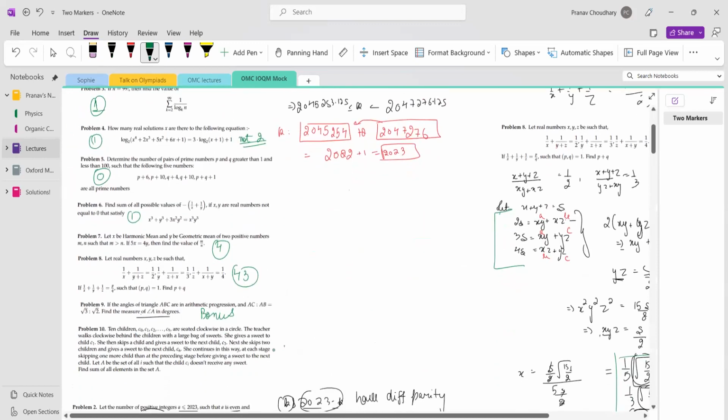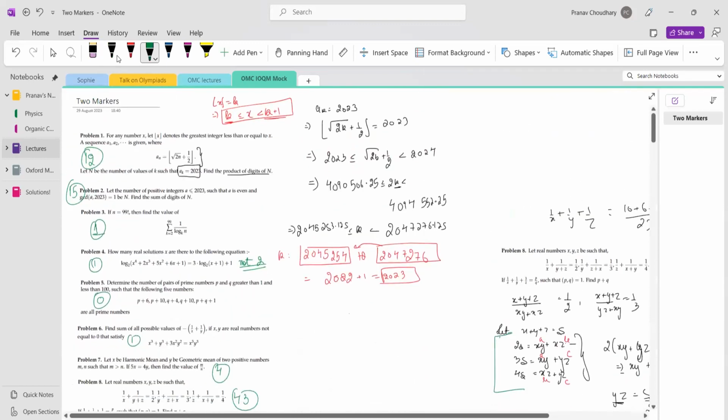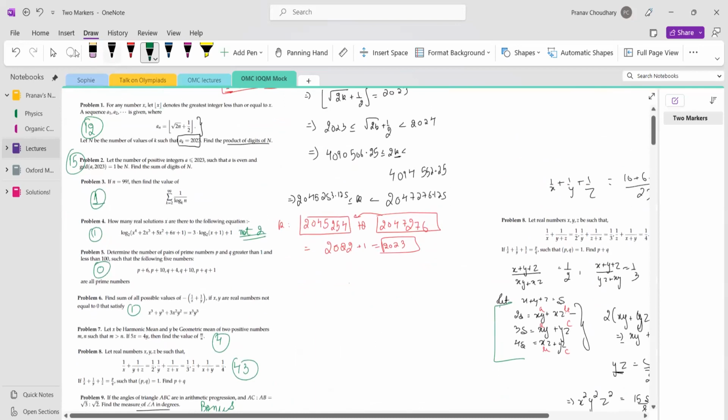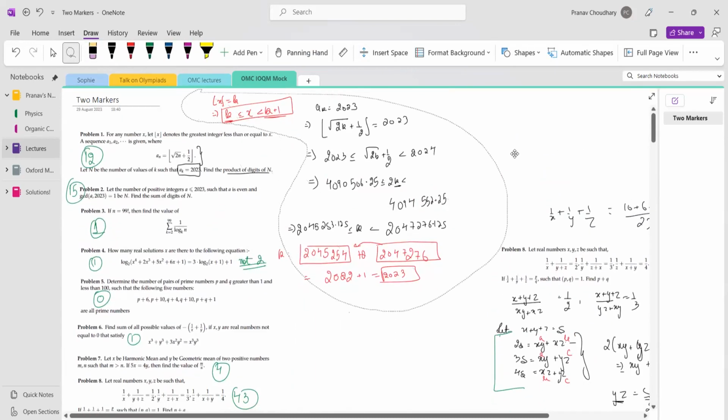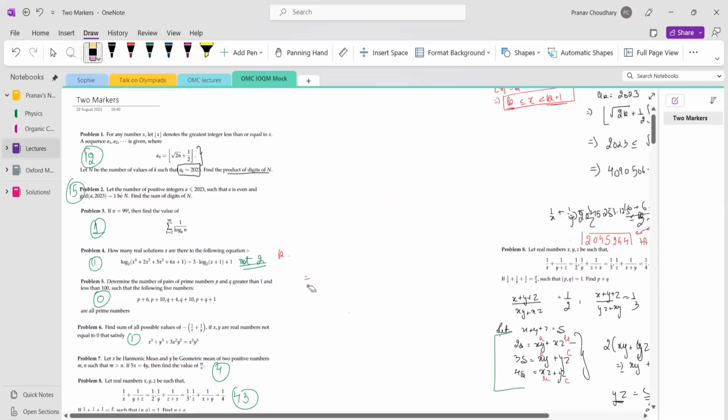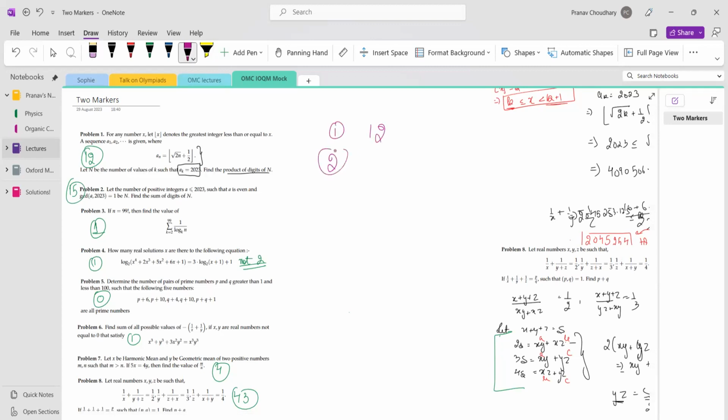And with this, we are done with our two markers. If you want, I can write out the two markers answer key here somewhere. So let's see. Problem 1 is 12. Problem 2 is 15. Problem 3 is 1. 0, 1, let's say.